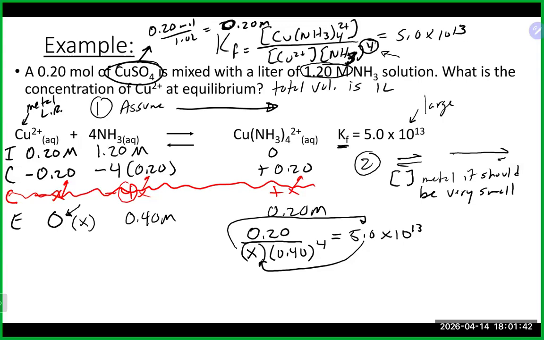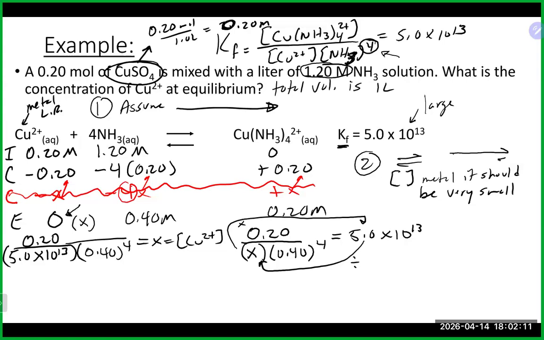So multiply the X to the other side and divide the 5.0 times 10 to the 13, and you will end up with 0.2 divided by 5.0 times 10 to the 13 times 0.4 to the fourth equals X, which is equal to our copper ion concentration.